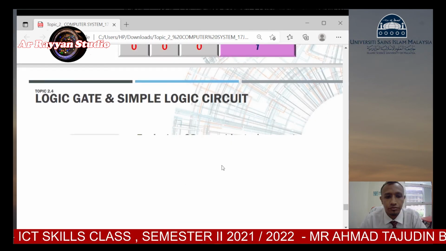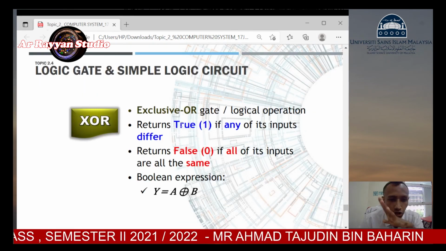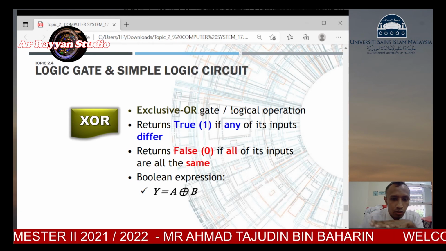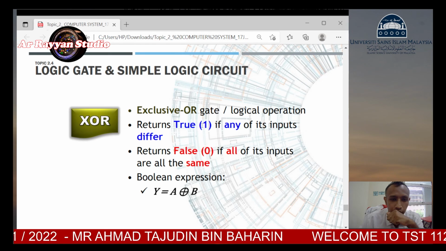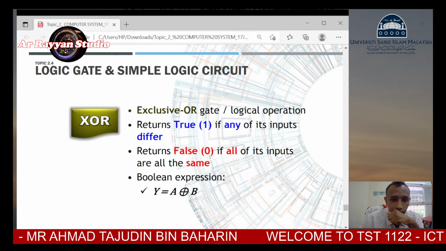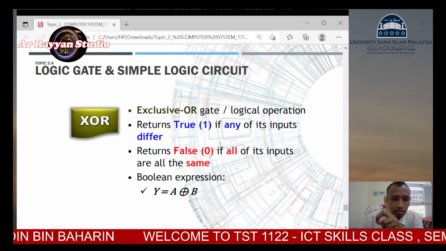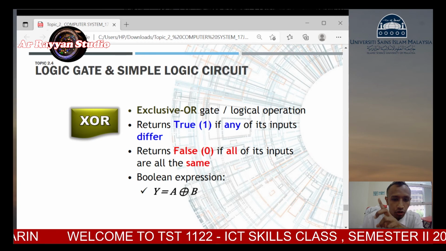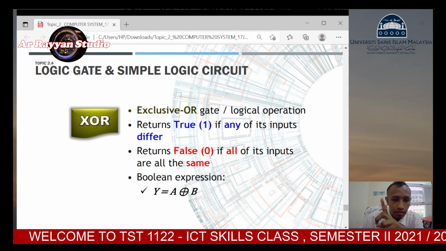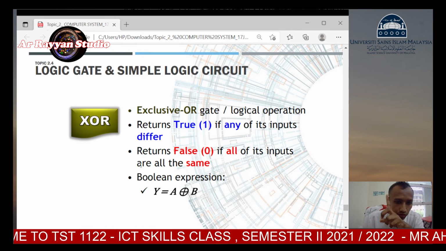Okay, so next we have XOR. Exclusive OR gate. Logical operations. XOR gate or logical operation means that return true if any input is different. Return false if all its inputs are the same.